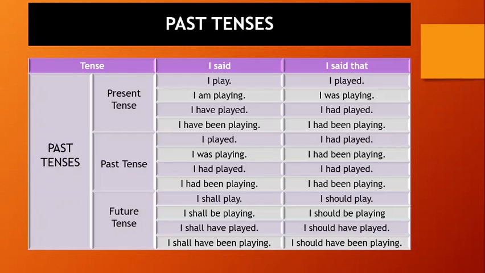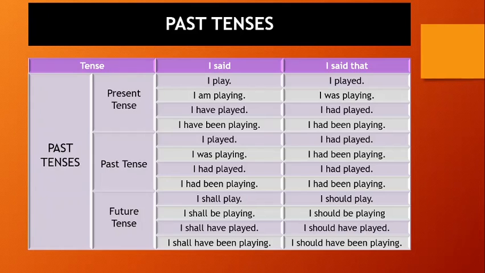Play becomes played, from simple present to simple past. I have played becomes I had played. I have been playing becomes I had been playing. All the tenses shift towards past. Their aspect remains same. Simple remains simple, continuous remains continuous, perfect remains perfect, and perfect continuous remains perfect continuous.